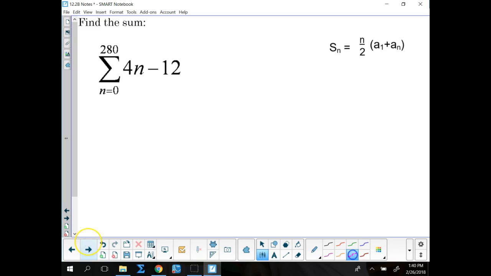Uno more. Try that one. First term. First term, negative 12. Last term. $1,108.